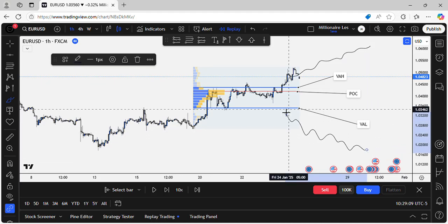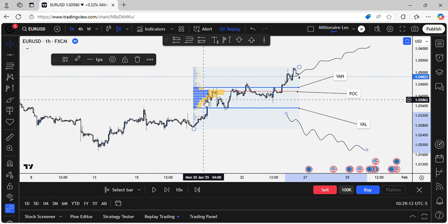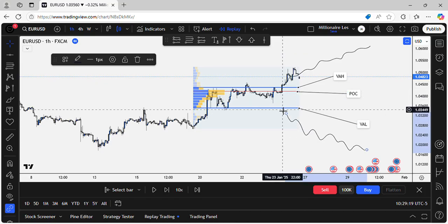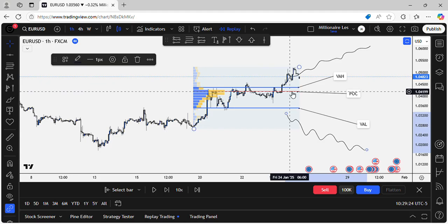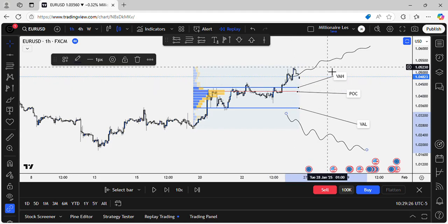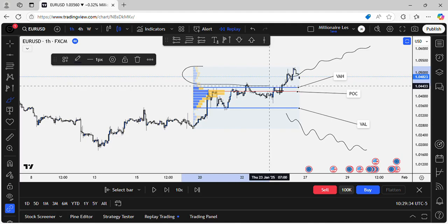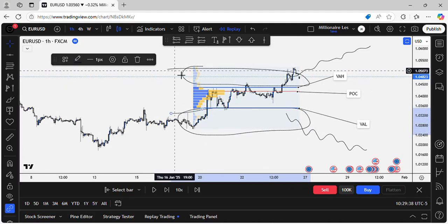If price closes neutral, I'll show you a neutral example, I'm using the value area high or low as support and resistance. So if price closes within the value area, I'm using value area high as resistance and value area low as support. Why? Because usually in these areas there are low volume nodes.